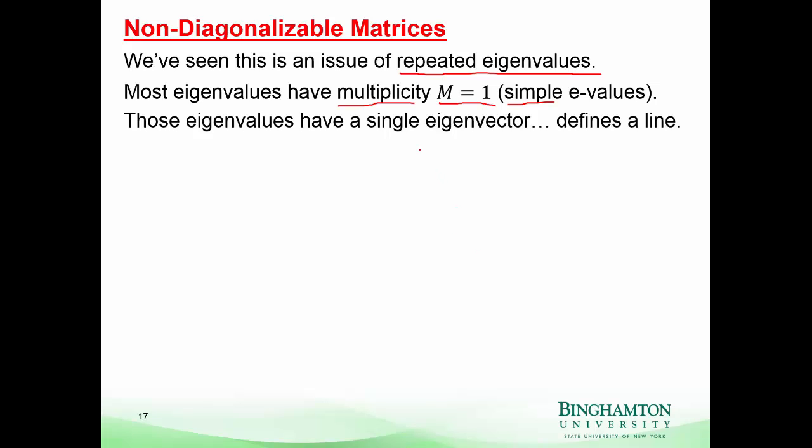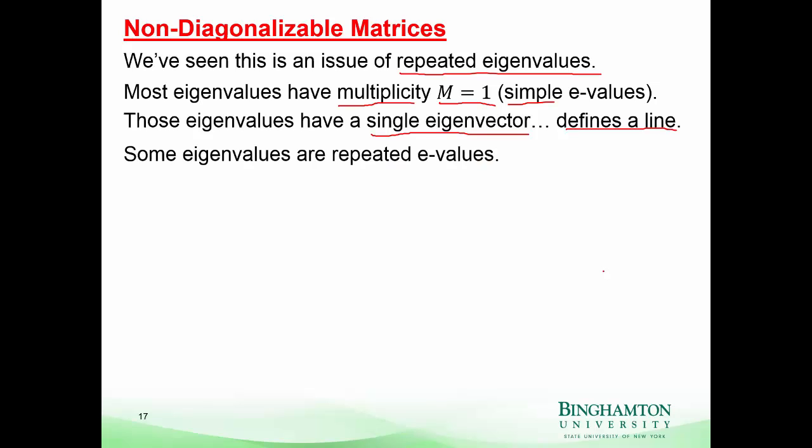So if we have a non-repeated eigenvalue, there's going to be a single eigenvector associated with it, and it defines a line in the n-dimensional space in which we're working. And so if we have all non-repeated eigenvalues, we'll end up with n different independent eigenvectors, and therefore the eigenvectors end up basically being a basis for our space.